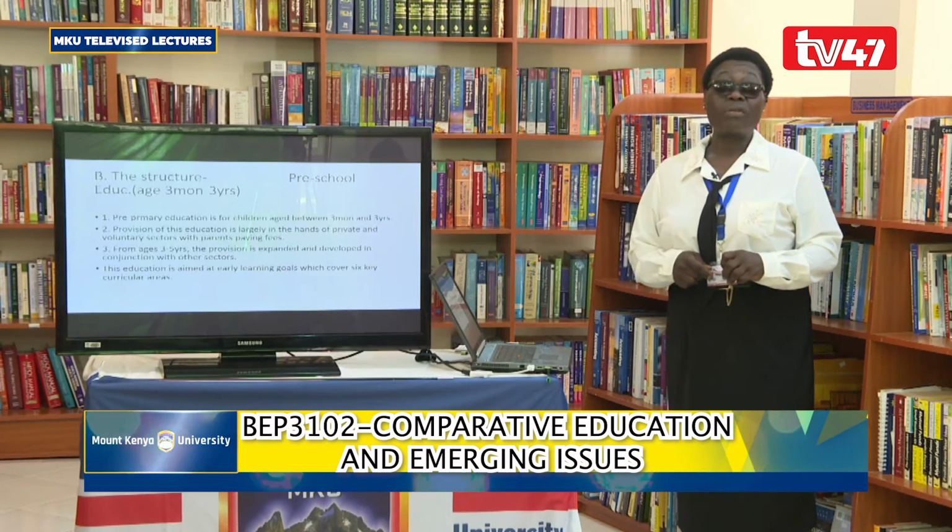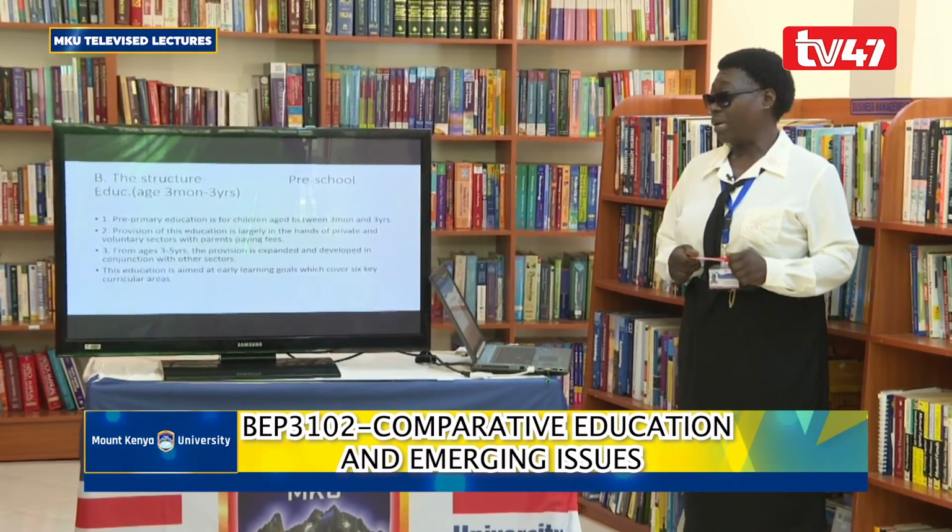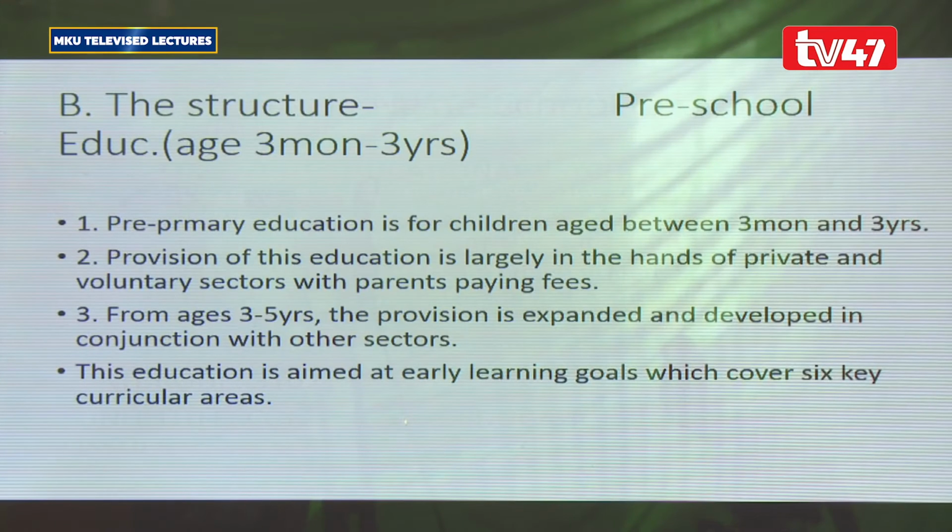After that background of that system, we look at the structure of levels. The first one is the preschool education. This one caters for children aged 3 months to 3 years. Under this preschool, all children aged between 3 months and 3 years are supposed to be in preschool institutions.